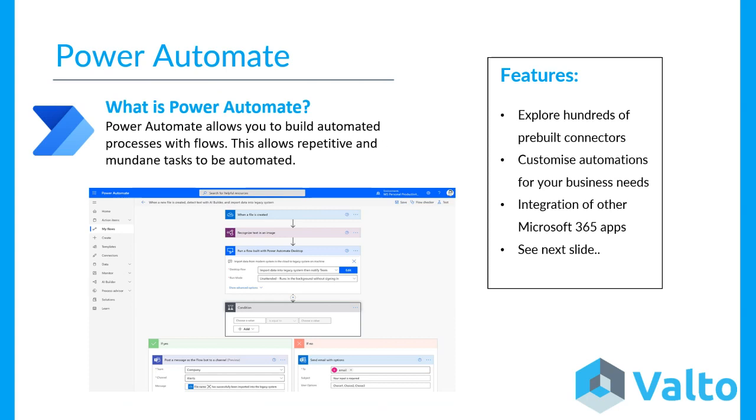If you receive a form through Microsoft Forms, you might want to automatically create a lead or an opportunity inside Dynamics 365 or Salesforce, or automatically create a task inside Planner for someone to follow up with that form that's been submitted. So you can customize your automations for your business needs, with integration with Microsoft 365 apps and all those other third parties that I was just mentioning.